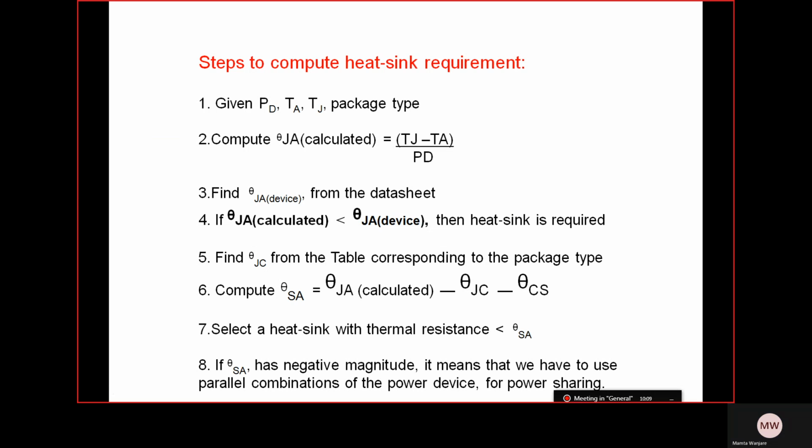If the calculated theta JA is less than the theta JA of the device, then a heatsink is required, because theta JA is inversely proportional to power dissipation. When theta JA is small, it means the device dissipates more power. When the device dissipates more power, a heatsink is a must. So these are the various steps to calculate whether the heatsink is required or not.